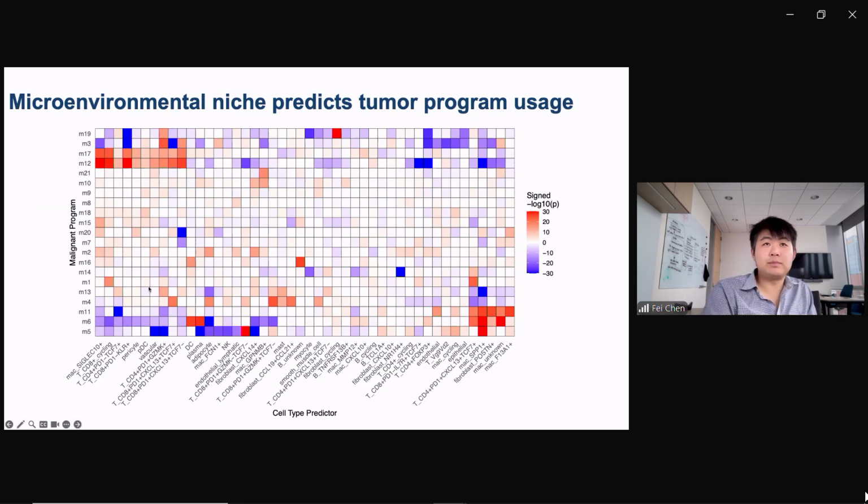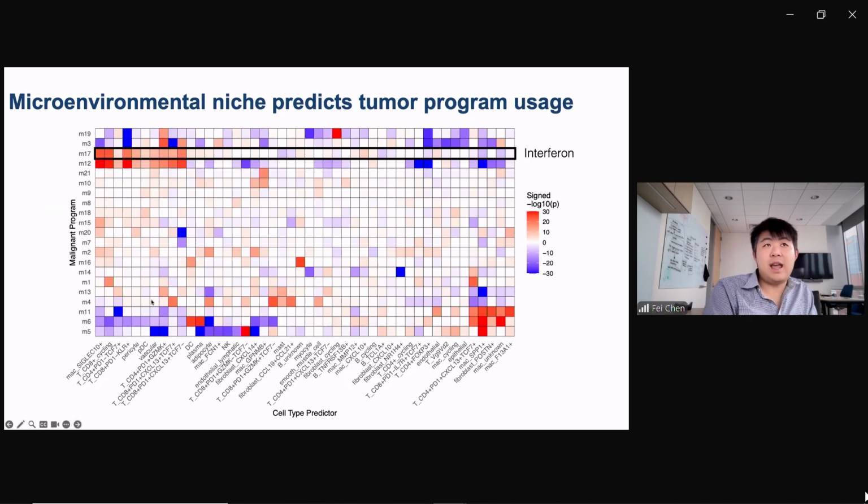There are a lot of entries in this matrix, but I just want you to pay attention to these two; there are basically four quadrants. This quadrant up here has many cells that are upregulated in their interferon response.